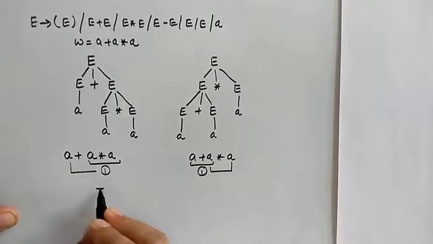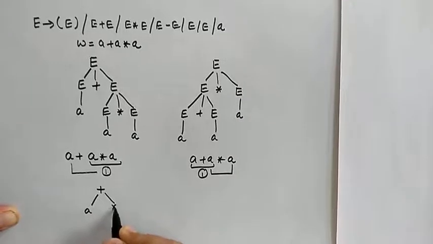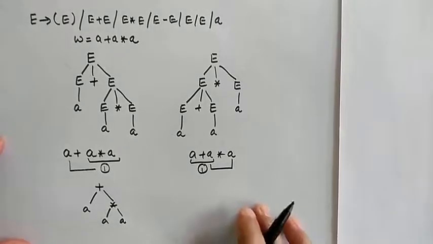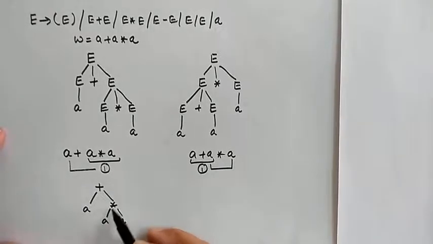This is like this. We are doing plus A, and here multiplication is there, like this. A is multiplied by A plus A.